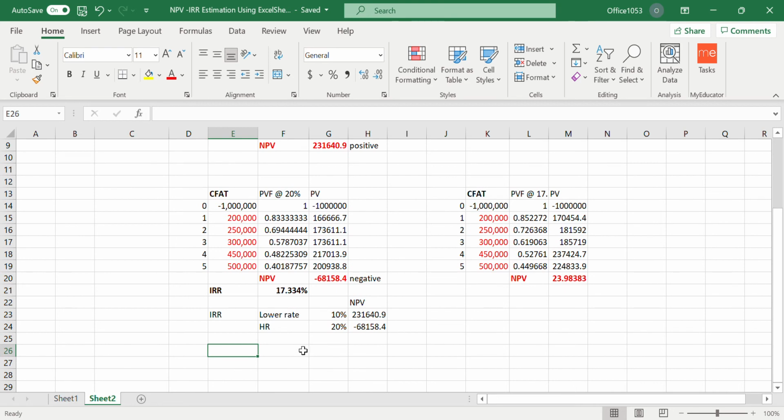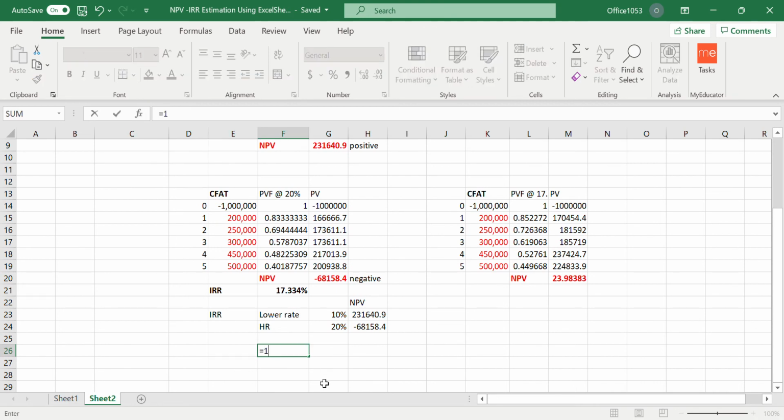So interpolating is equal to 10%, the lowest rate, plus this NPV divided by this minus this.